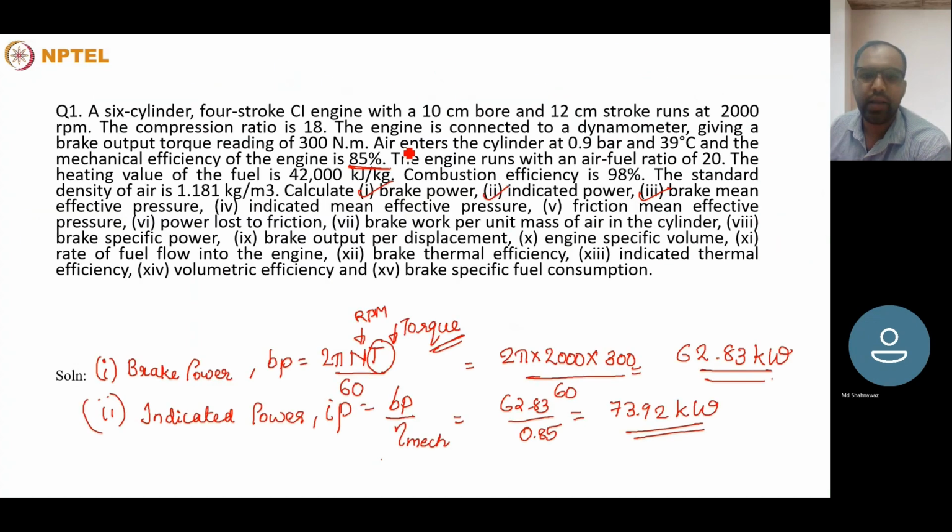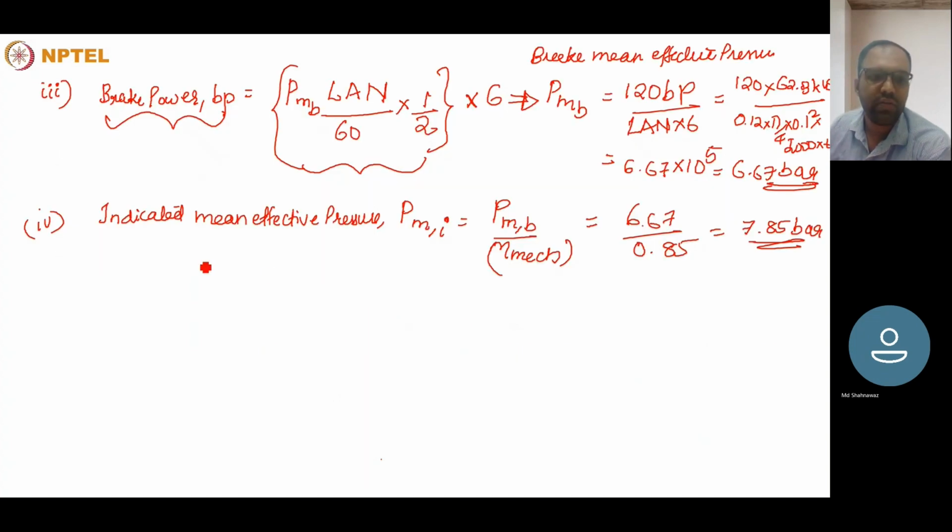So in this problem, we have calculated the brake power, indicated power, brake mean effective pressure, indicated mean effective pressure. Now we have to calculate the friction mean effective pressure and frictional power.